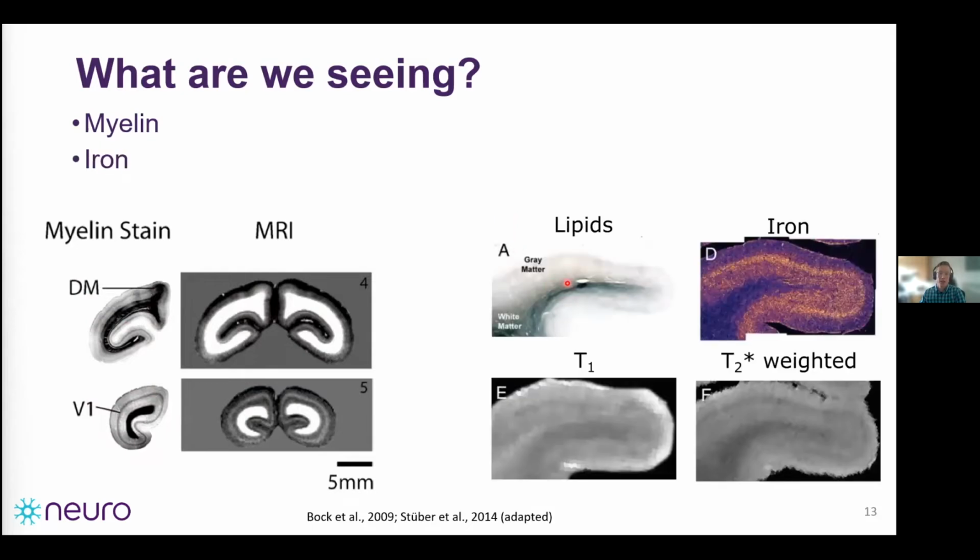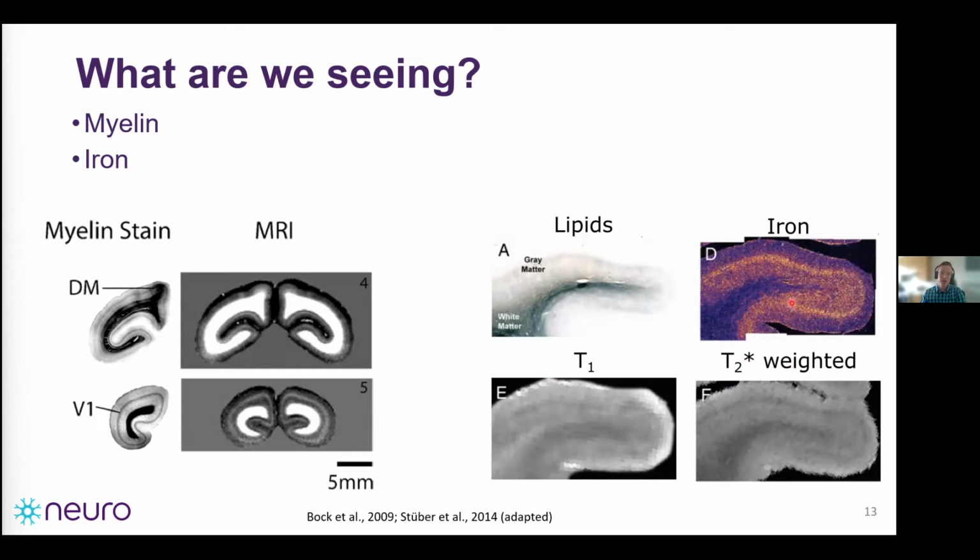Another work that's highly referenced by Stüber et al. in 2014 also incorporated an iron stain, which tends to contribute quite highly to both T1 and T2 star contrast. They also incorporated a lipid stain for myelin content. What this study found was that T1 or R1 contrast can be explained with a linear model, where most of the contrast is explained by the lipid content with some contribution from iron, where T2 star contrast is sort of flipped.